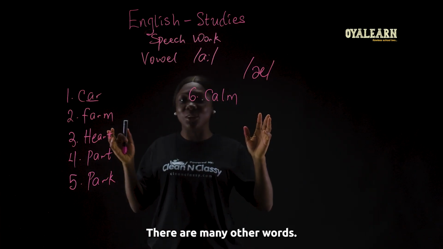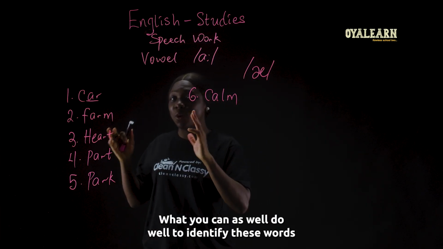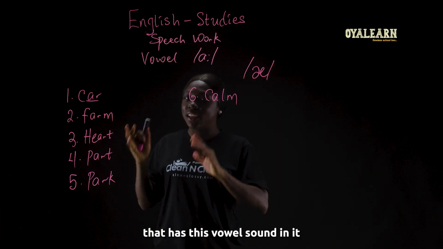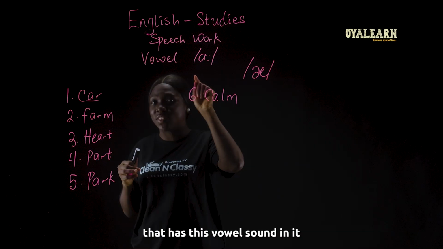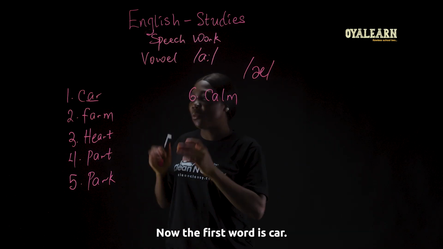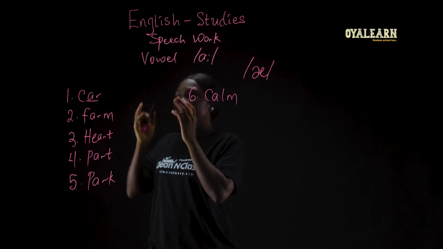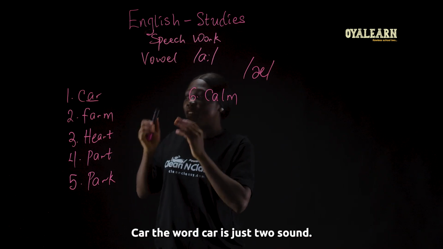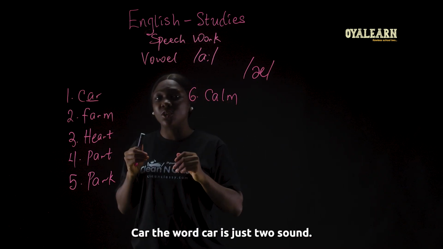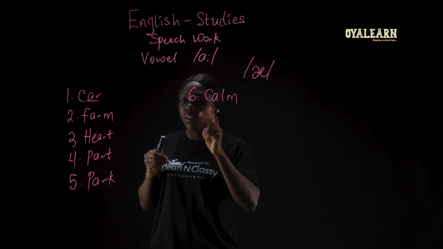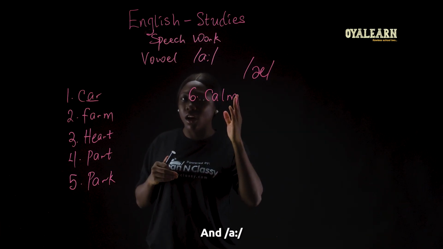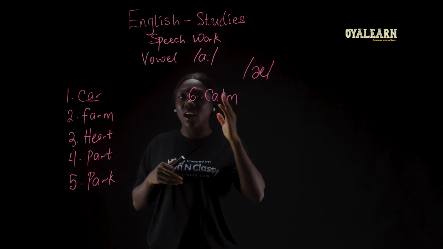Now let's go through these words. There are many other words, but you can as well do well to identify those words that have this vowel sound in them. Now the first word is car. The word car is just 2 sounds, k and ah.